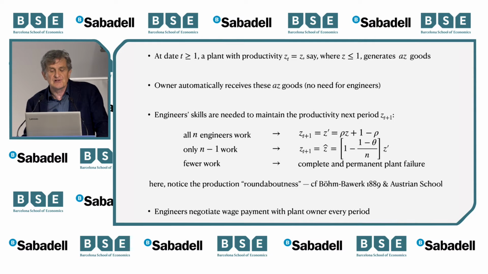And those goods are automatically yours because you're the owner of the plant. So there's no moral hazard associated with producing the output from the plant day by day. And you, being the owner, get it. So A times Z is the number of goods on this particular day that you get. No need for my skills.